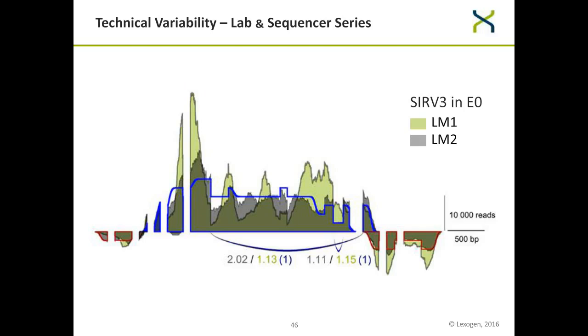And you see that in many cases, the coverage derived is exactly the one that you would expect. And in many other cases, both or one of the coverages are very different from the expected ones.